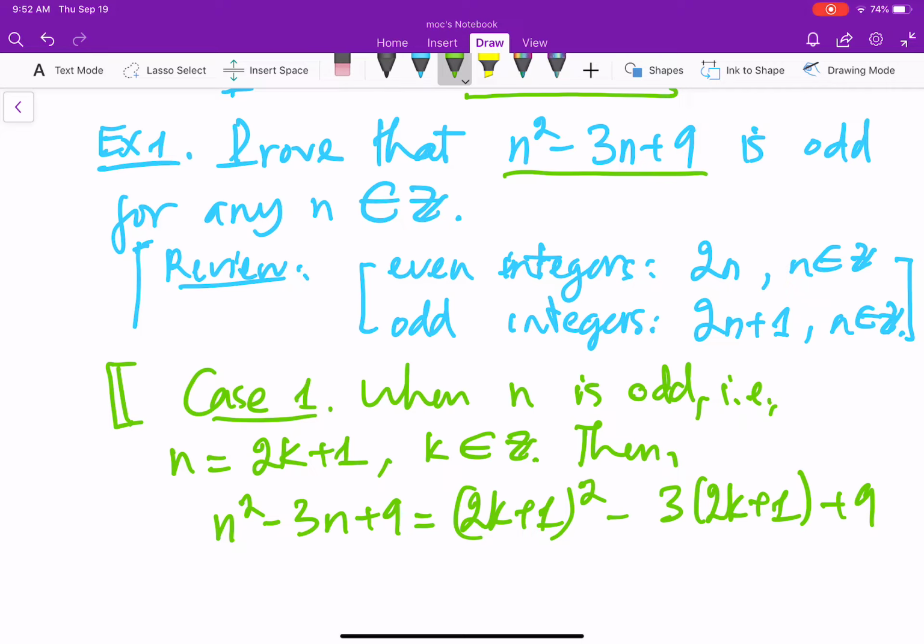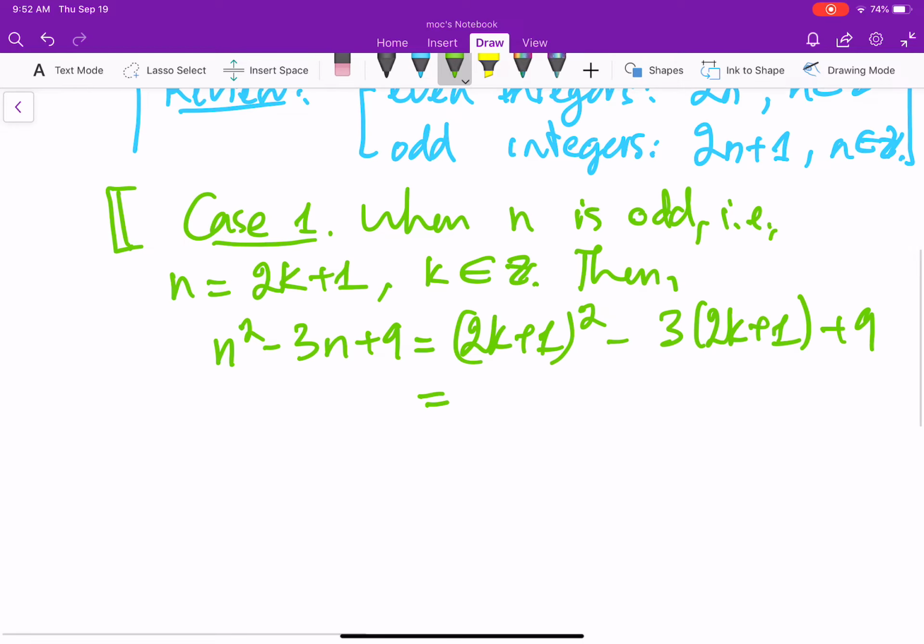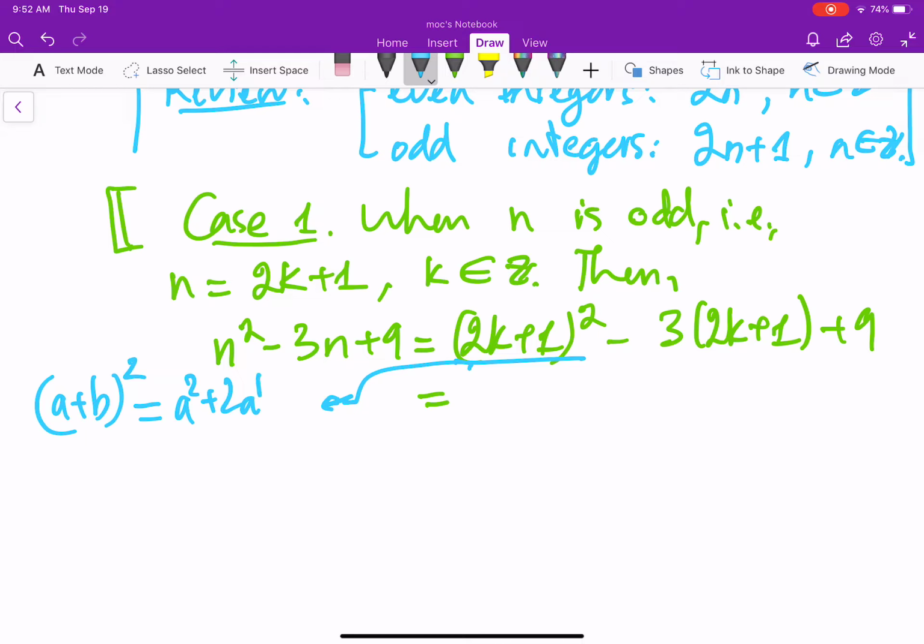So basically we expand this square, and we use the formula (a plus b) squared equals a squared plus 2ab plus b squared. If we use that, we have 4k squared plus 4k plus 1 minus 6k minus 3 plus 9.